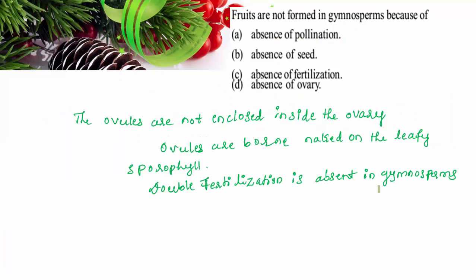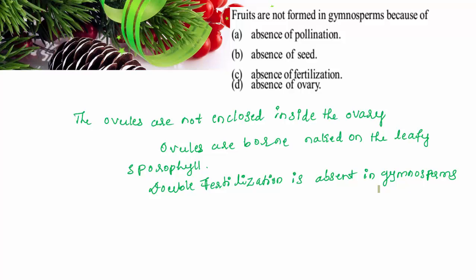The next question: fruits are not formed in gymnosperms because of, the options are: absence of pollination, absence of seed, absence of fertilization, absence of ovary. So, a very simple question. How are the fruits produced? Which structure of the flower produces the fruits?